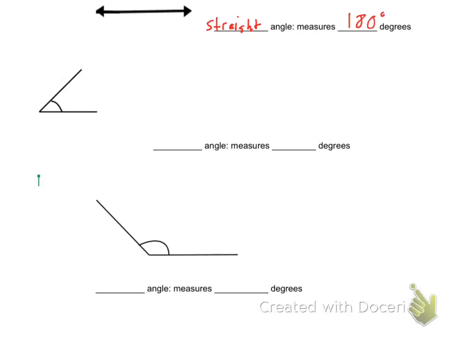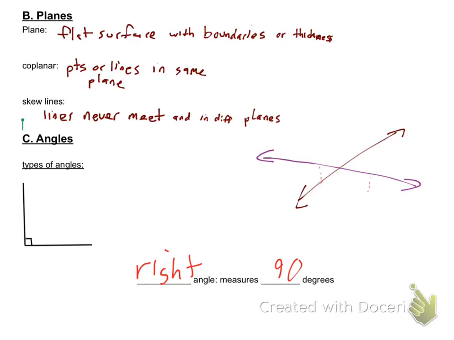In the book, there are going to be diagrams that you guys are going to come across. A straight angle is one of them that you can assume. So if the angle or the line looks straight, it's straight.